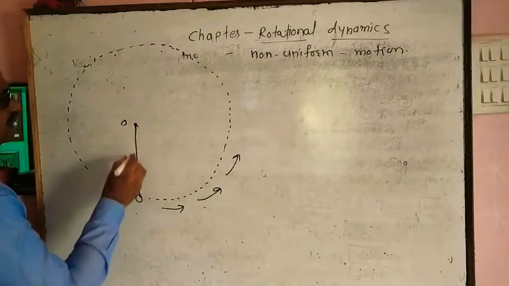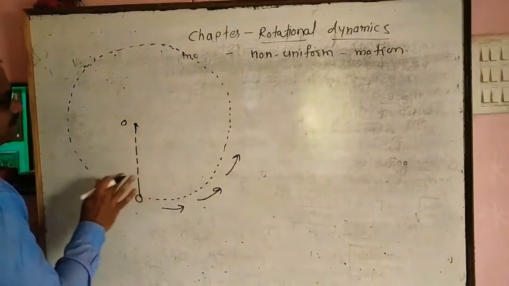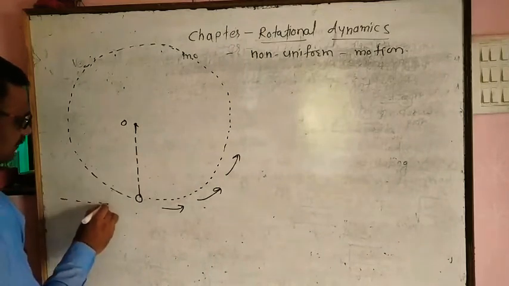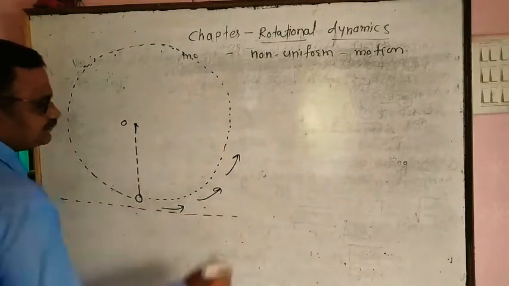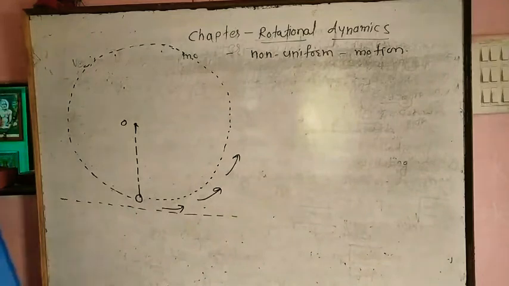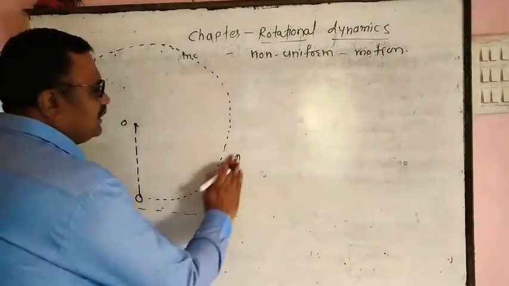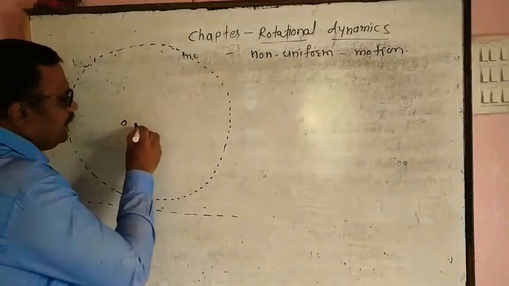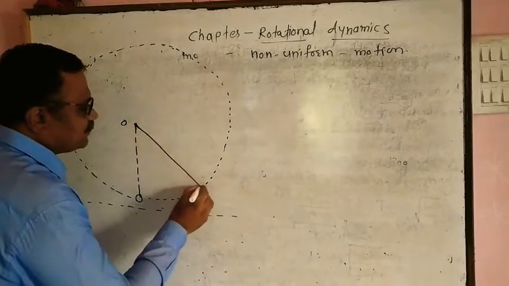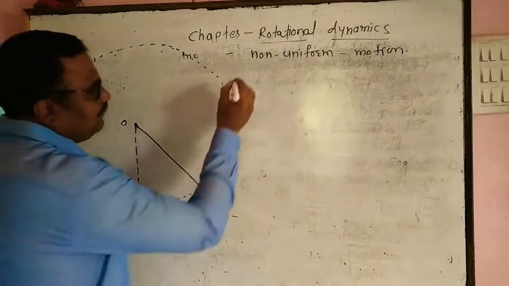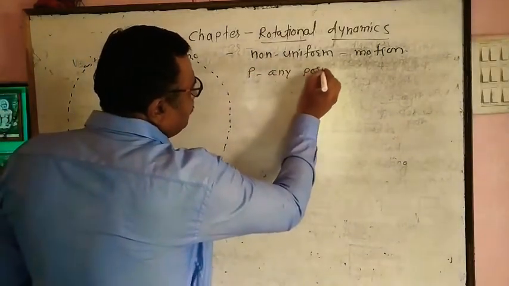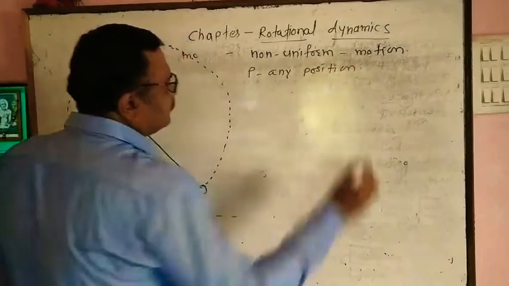Now consider, this is the initial position of the stone. This position is just above the surface of the earth. The stone is performing motion in a vertical plane. Now let us consider P, any position of the stone when it is moving.